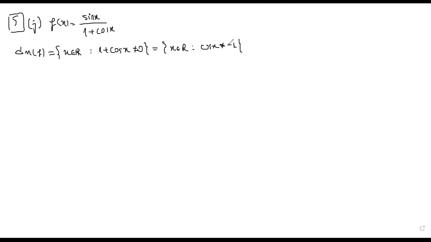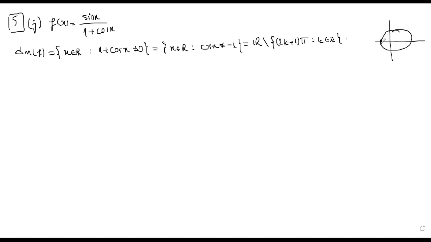So cosine gets the value -1 if x is an odd multiple of pi. So what do we have? We have R except these points, where k is an integer. Okay, we subtract the points which are odd multiples of pi, right?